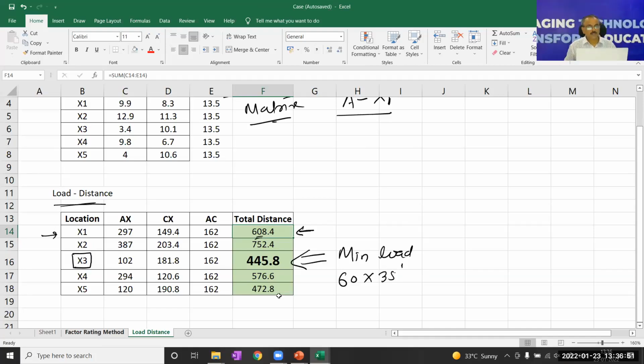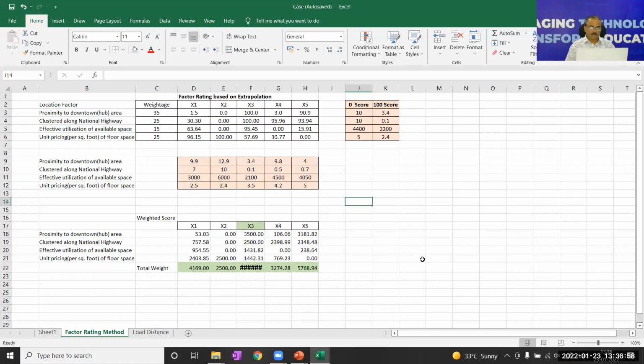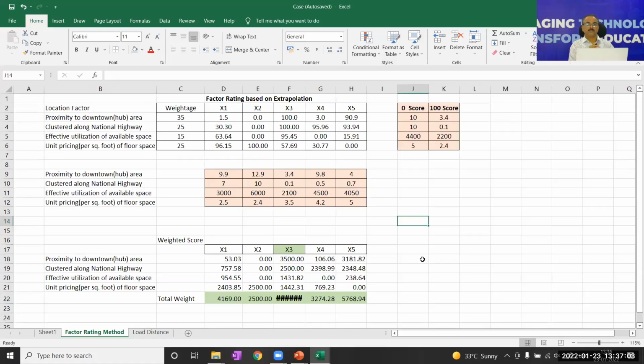You can also use the factor rating method. For that, you will have to use the extrapolation principle. Because if you look at exhibit number 3, just go through the note that is given below the table.